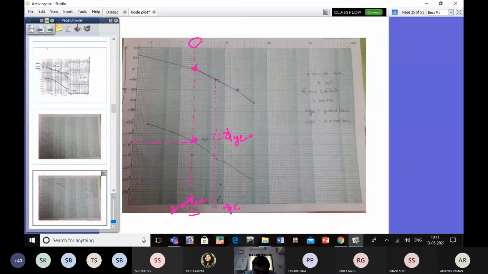The same way, you can extend omega PC. It will intersect one point in the magnitude plot. Approximately here it is minus 20 dB. That is called the magnitude of omega PC. So at the phase crossover frequency, this is where it is intersecting in the magnitude.